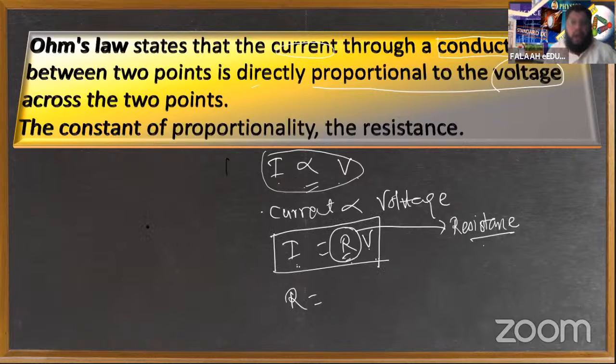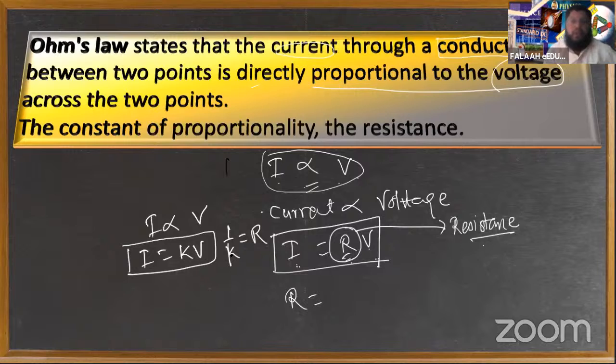What we have taken is that I is directly proportional to V. So first we have to put I is equal to K into V. But what is the resistance? 1 upon K is equal to R. The reciprocal of this constant is the resistance. Therefore I is equal to K V, where the value of K is 1 upon R, so I is equal to V upon R.